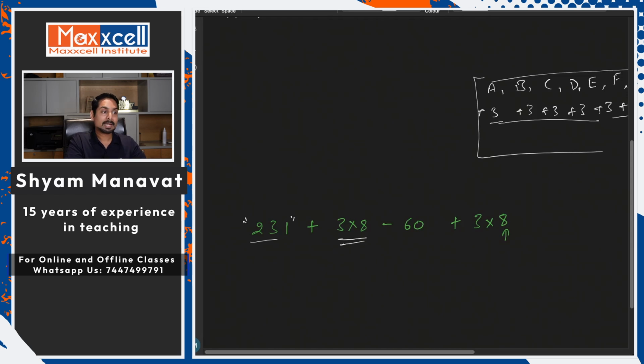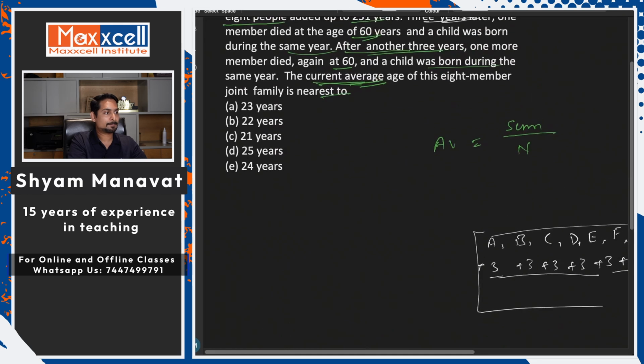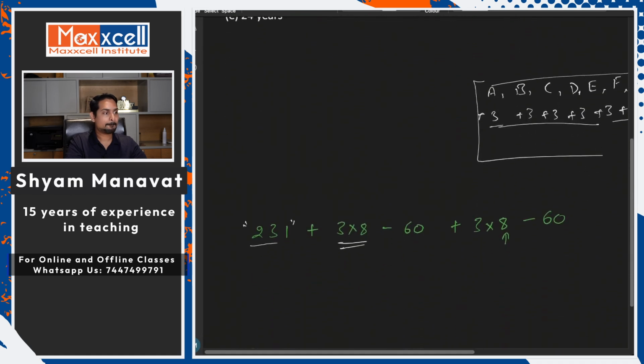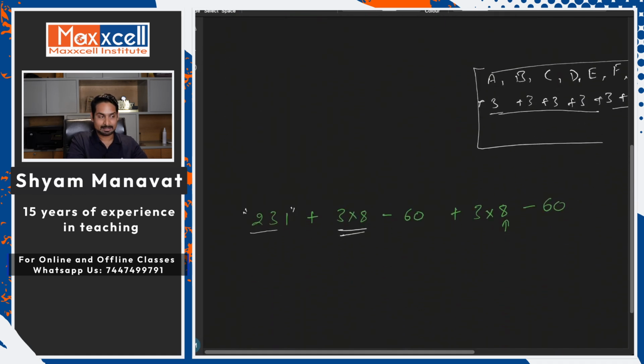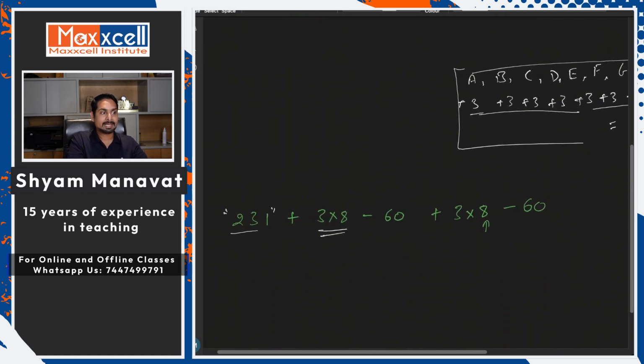At that time again a person aged 60 died. A member died which was again at 60. So this is the case right now. And a person died and a child born. In that case again the number of members in the family will remain 8.